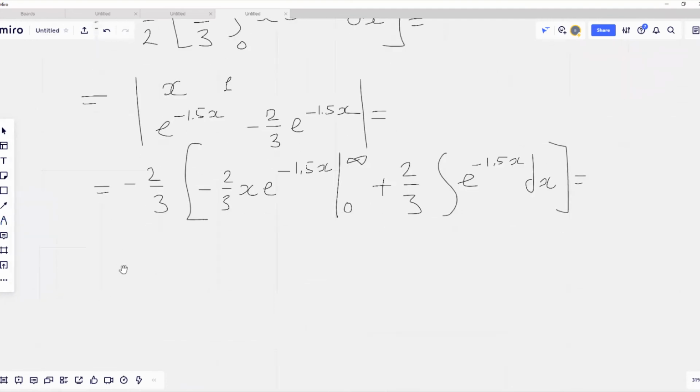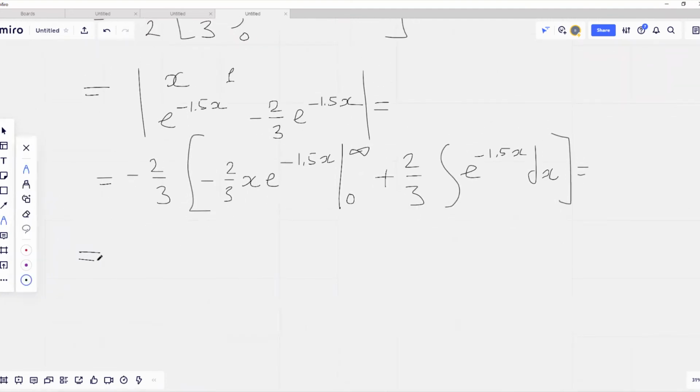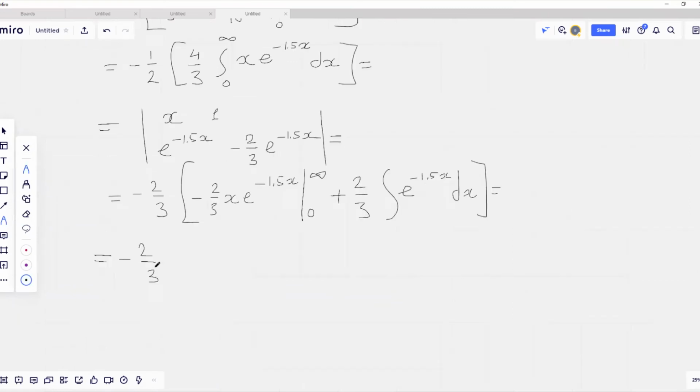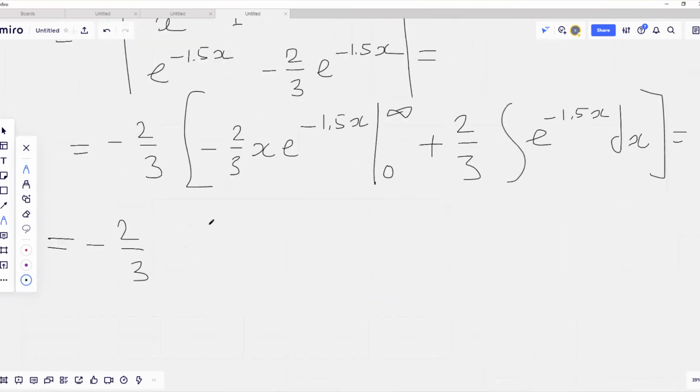All right, now we have minus 2 over 3. That term will go to 0. We have x over e to the power of 1.5x as x approaches infinity. And when we substitute 0, this is 0.